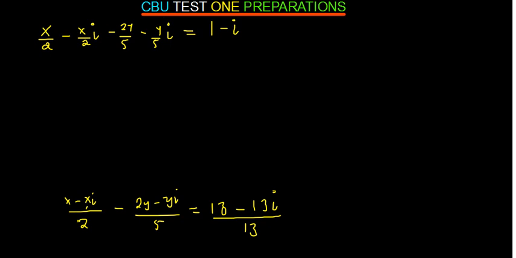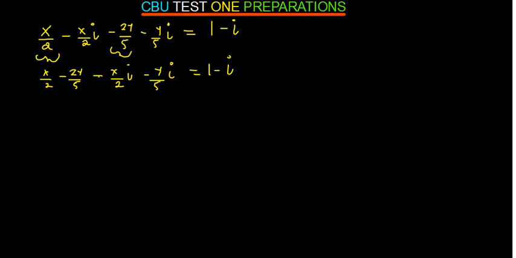Okay, and then on this side I'm going to put like terms together. Those that don't have an i, I'll put them together, these two. So I'm going to have x over 2 minus 2y over 5, and then we're going to have the negative x over 2i minus y over 5i, and that is going to be 1 minus i.